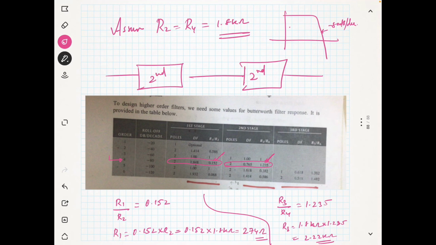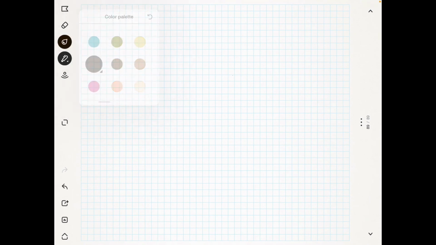I hope you understood the design of the Sallen-Key or the Butterworth design of any order. For the exam I may ask for first order, sometimes second order or third order. The third order will have a roll off rate of minus 60 dB per decade. Now we will see how to design the high pass filter.